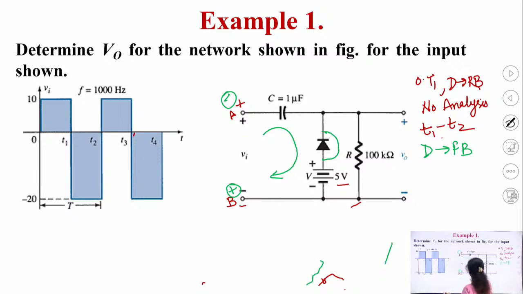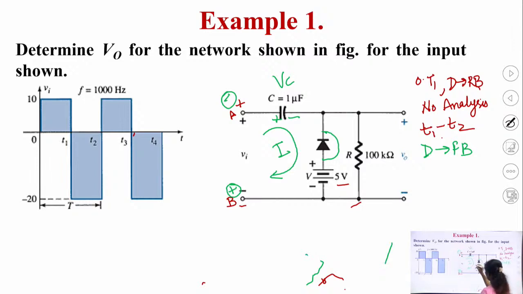So, if my current is flowing here in the clockwise direction, the potential developed across this capacitor will be plus and minus, because current flows from higher potential to lower potential. That is the reason we will now write the KVL for the T1 to T2 time period.